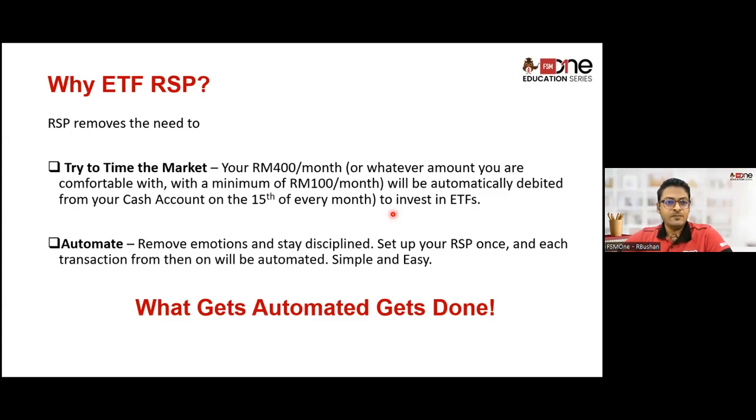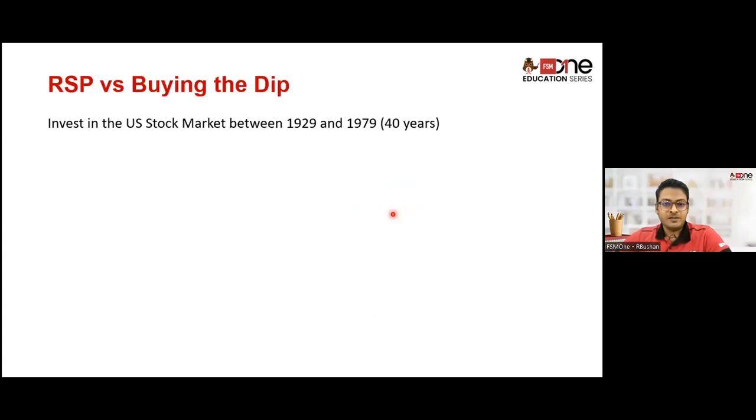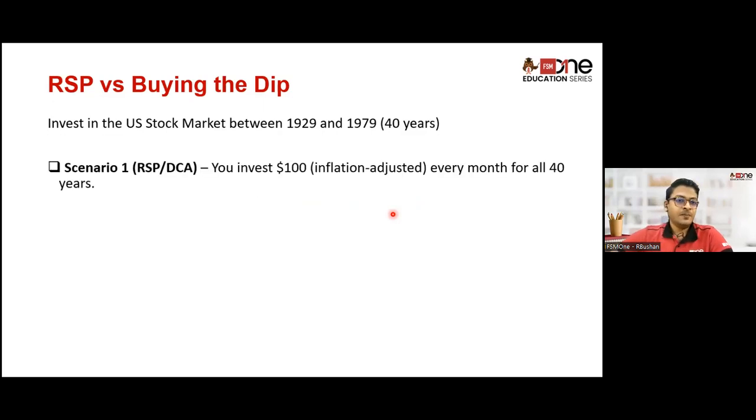Next, what if I'm actually quite good at charting and I can use these indicators and know when the market bottom is, I'll buy at that time, no problem. But based on historical data, if you invested in the stock market over 40 years, 1929 to 1979, there are two scenarios.